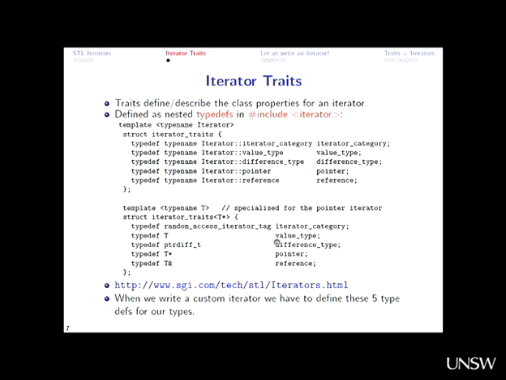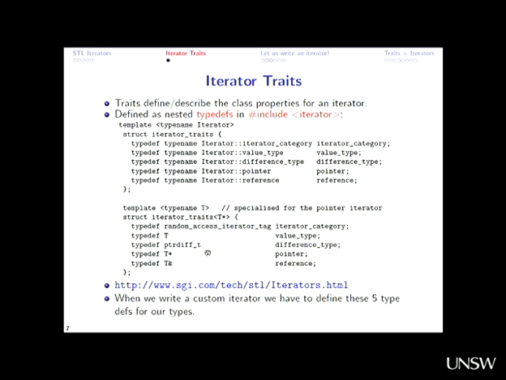The value type is the type of the thing that you're iterating over. So for a container of ints, the value type is int. The pointer type is int star if it was a container of ints. The reference type is int ampersand because it's the reference type.